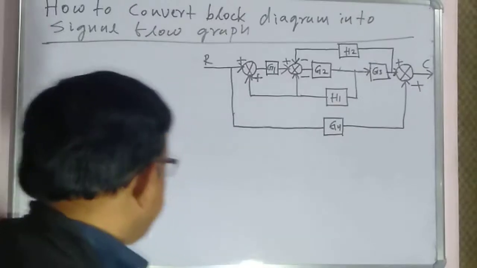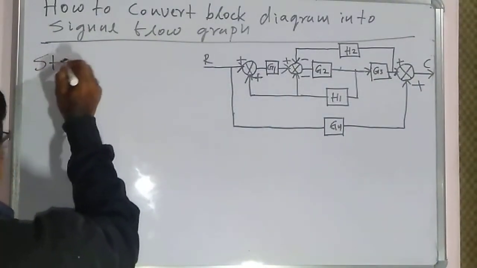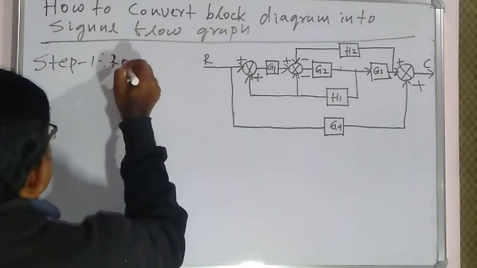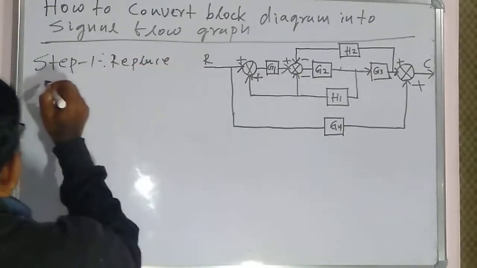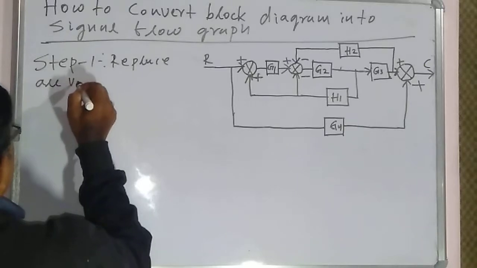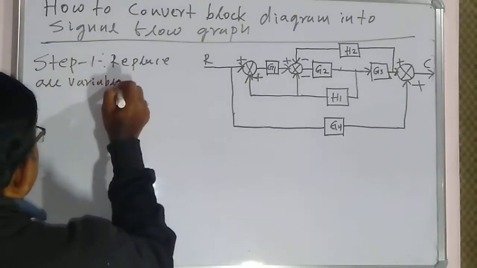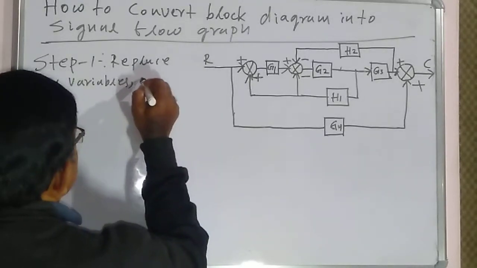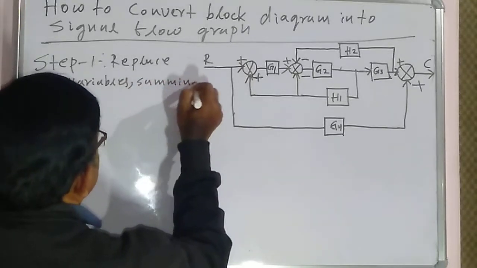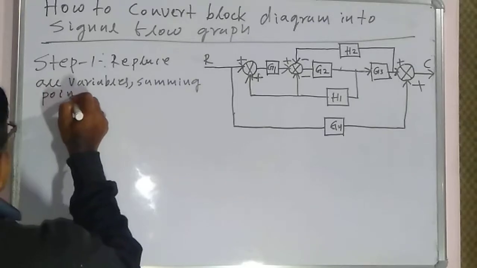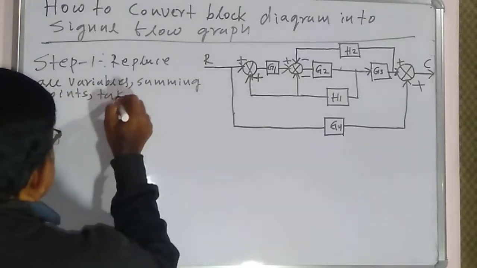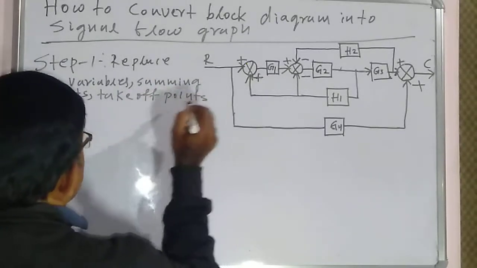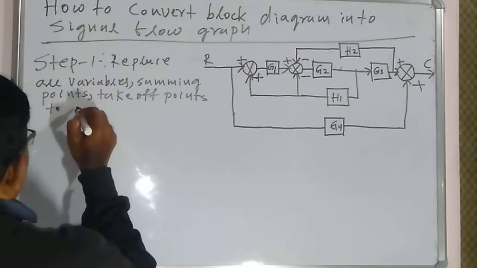So first step, that is step 1: replace all variables, summing points, takeoff points to nodes.